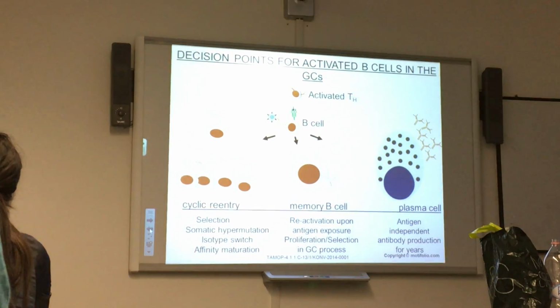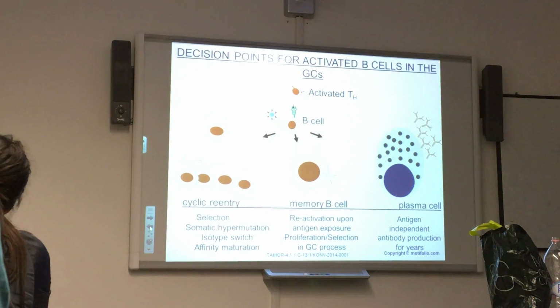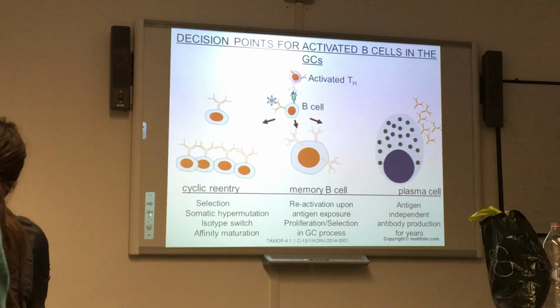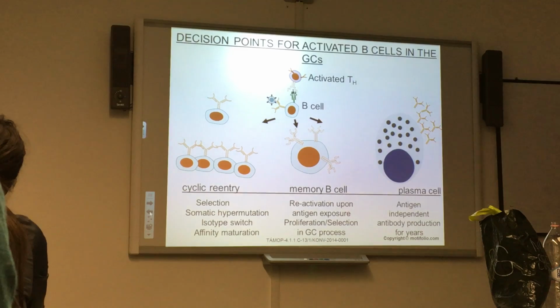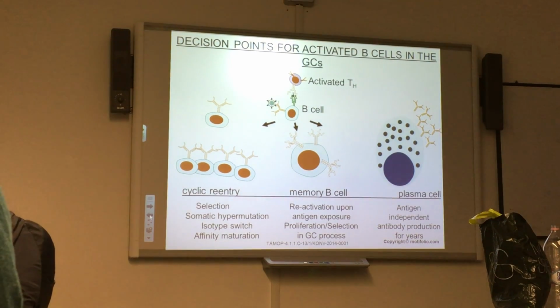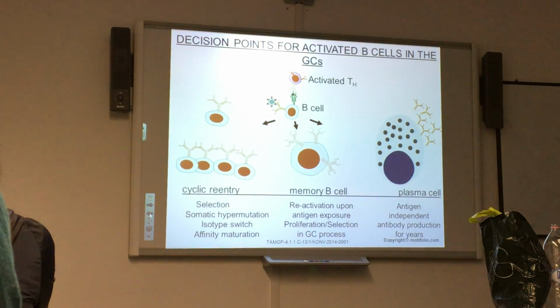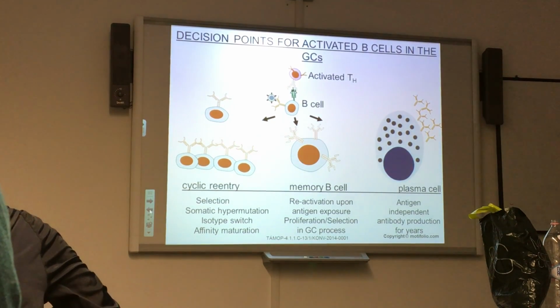After the activation, B cells can differentiate to memory B cells or plasma cells. Plasma cells will live for years and produce the same antibody against the same antigen. Memory cells are also long-lived cells and can be activated when the specific antigen enters the body.